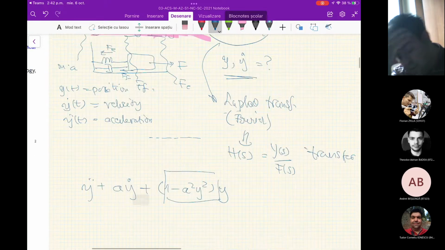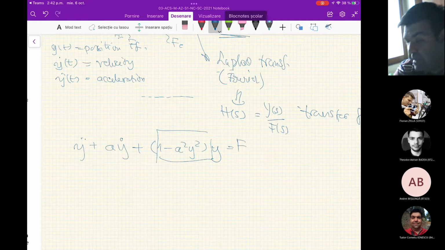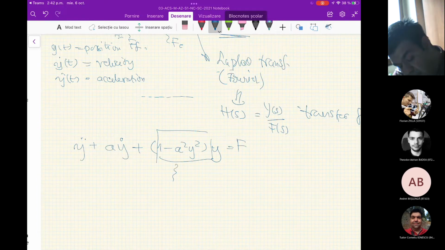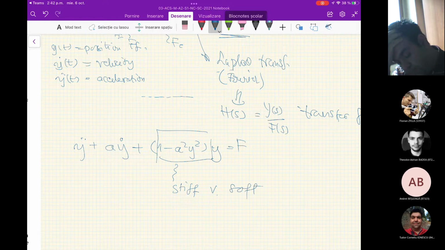This is a nonlinear function. And this essentially, and we will see this example, describes a stiff versus soft spring.